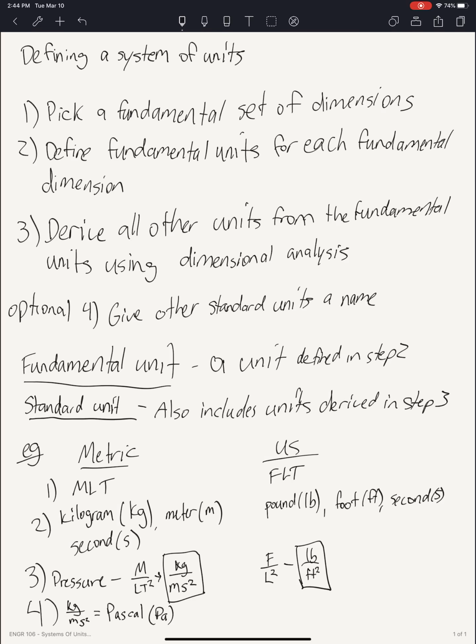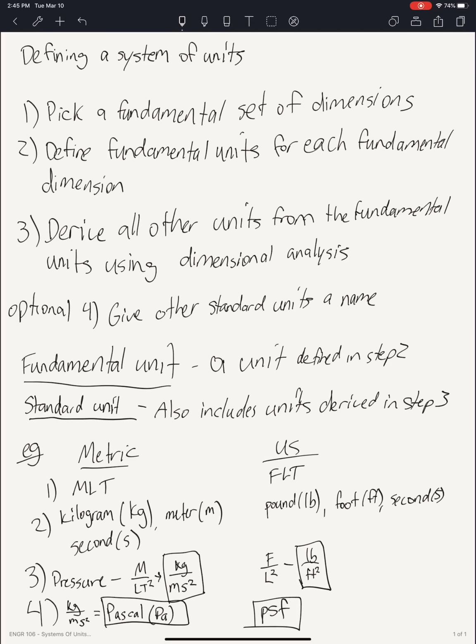For example, in the US system, you could give it a name. People call it the PSF, but you can guess what this stands for. This is just pound per square foot. It's not particularly a new name. That's just what it already was, the pound per square foot.